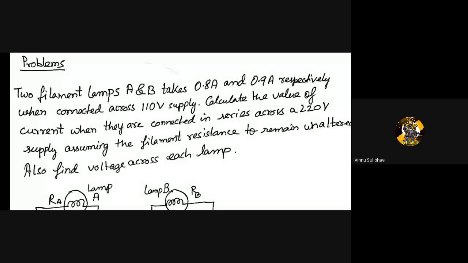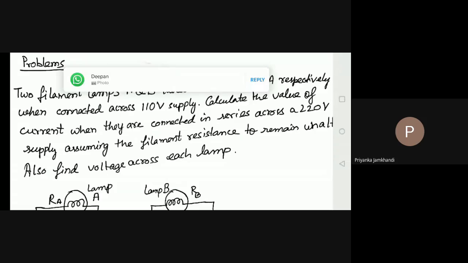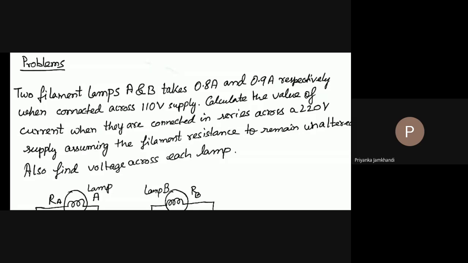Yes, ma'am. Okay, fine. So let me first explain the problem to you. Just listen first. There are two lamps, A and B. Now the two lamps take two current intakes respectively: 0.8 ampere is the current rating of A, and for lamp B, 0.9 ampere current it takes.